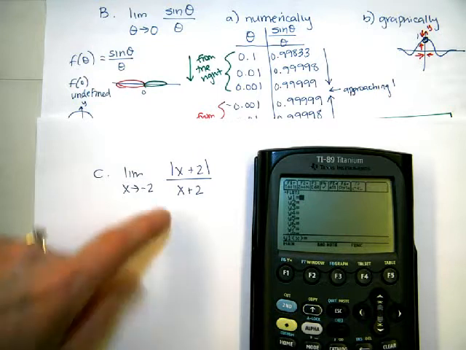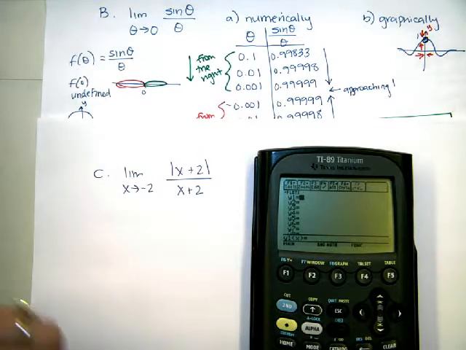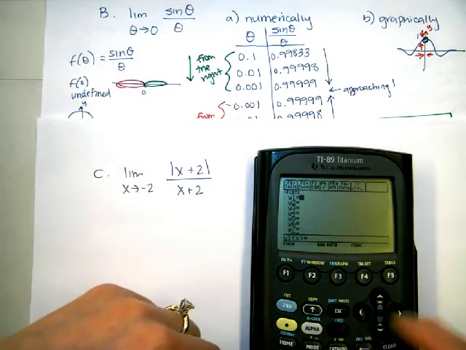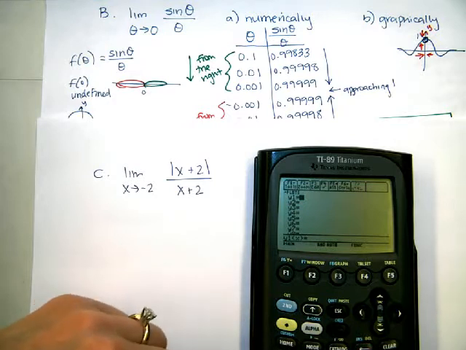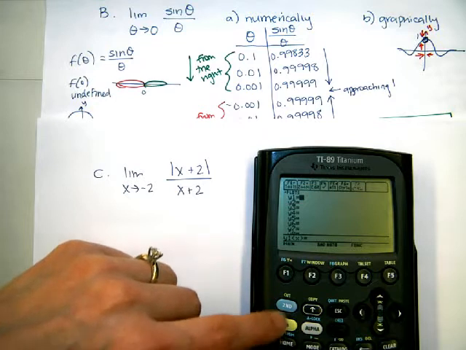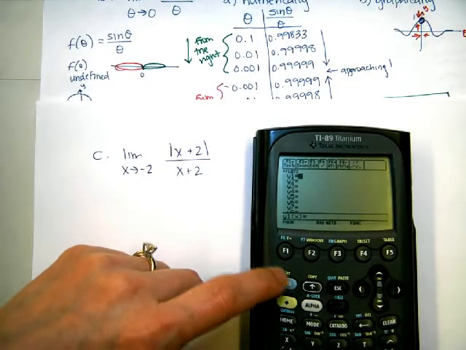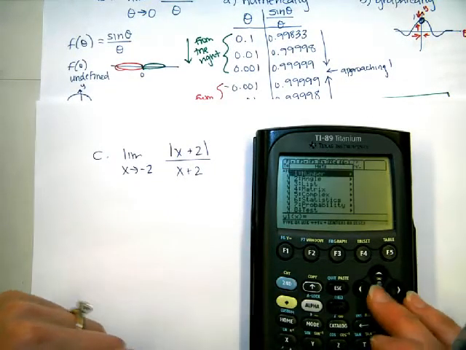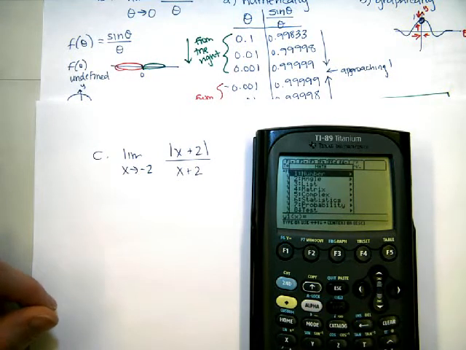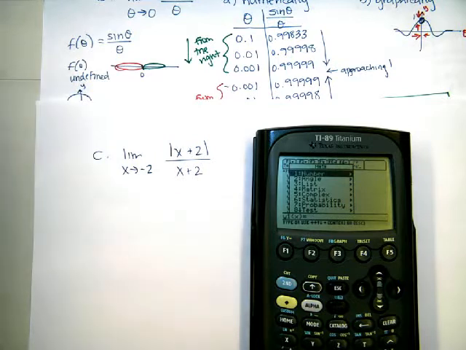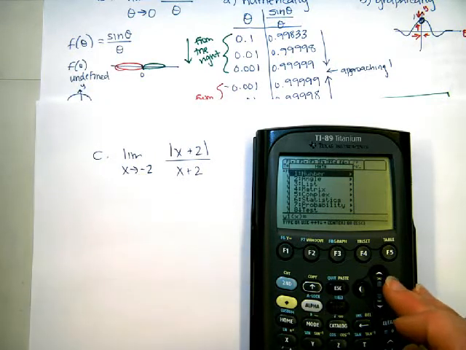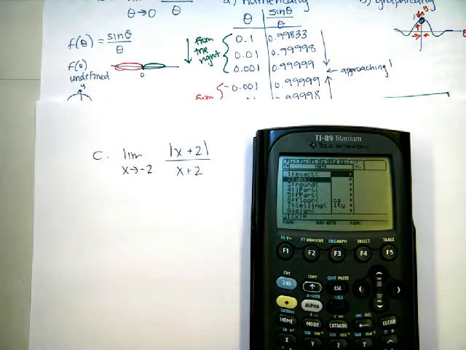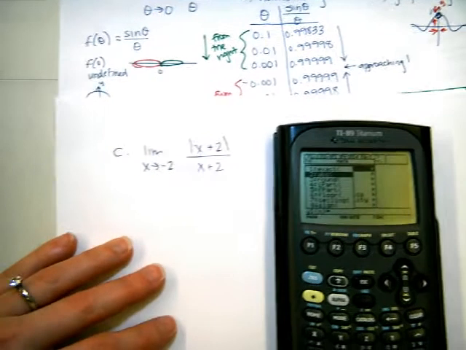So you might be wondering where the heck we can find an absolute value. On the 89, it's second 5. If you have an 83 or an 84, there should just be a math button, and then under number, you should see absolute value, ABS.